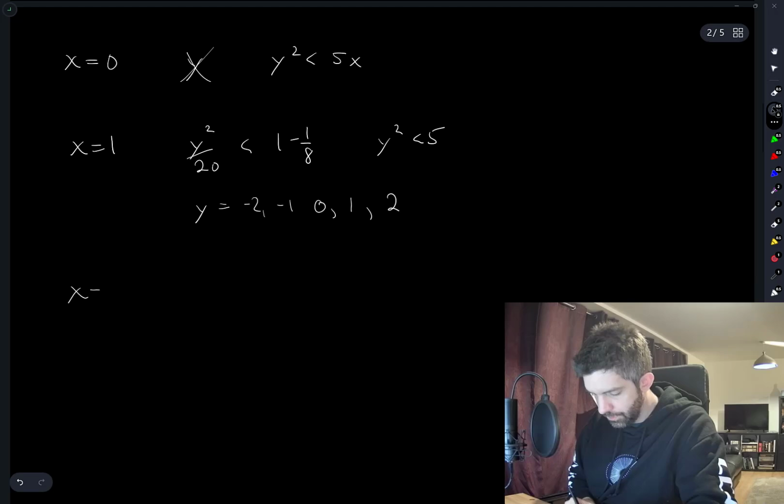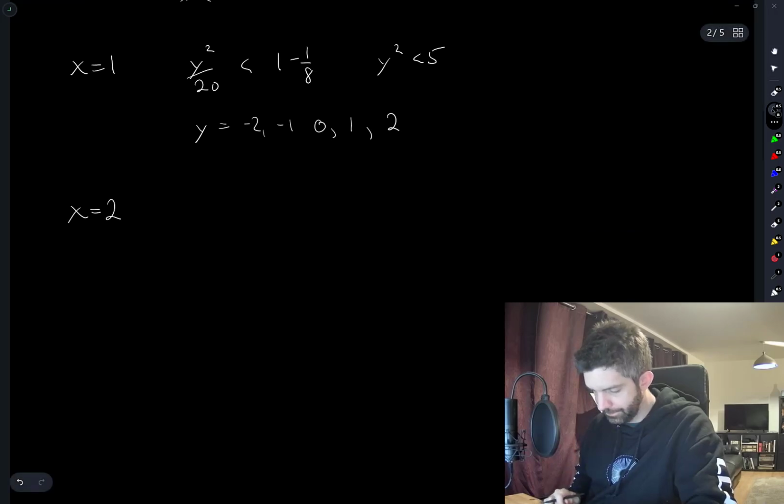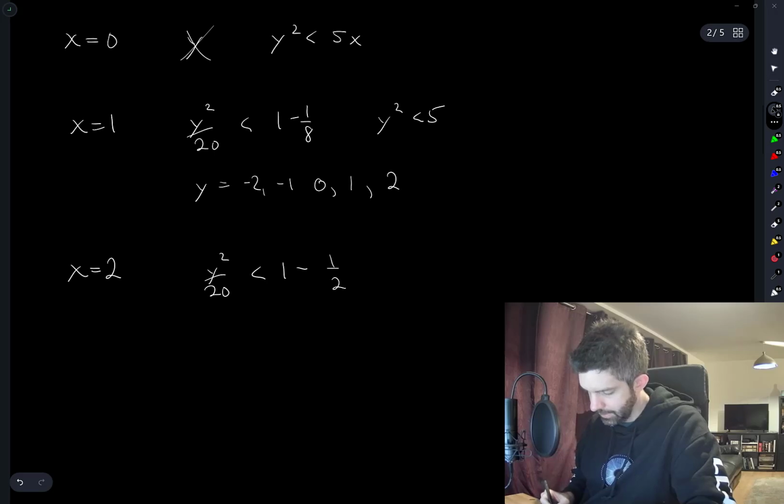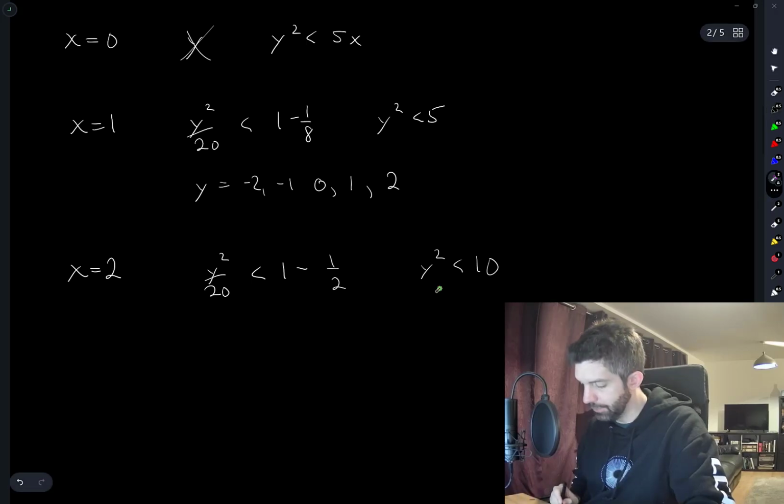If x is equal to 2, I need y squared over 20 less than 1 minus a half, and I need y squared less than 10. So my only candidates here are y is 0, 1, 2, or 3, along with negative numbers.